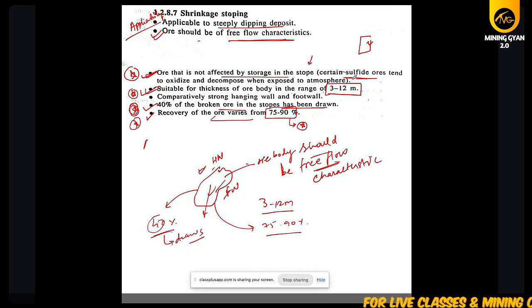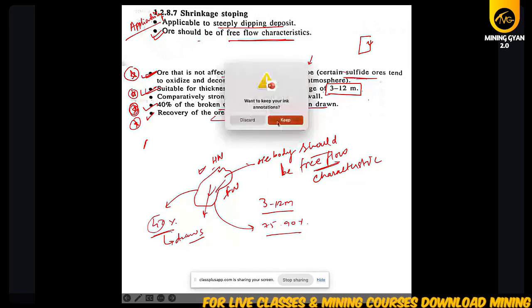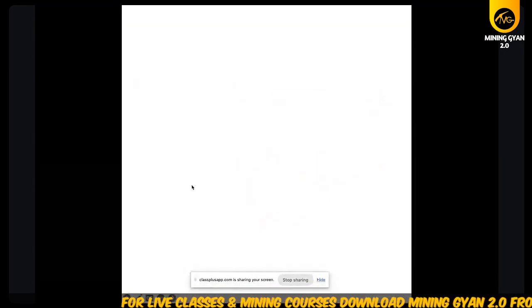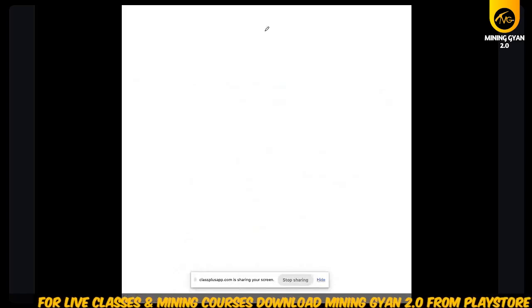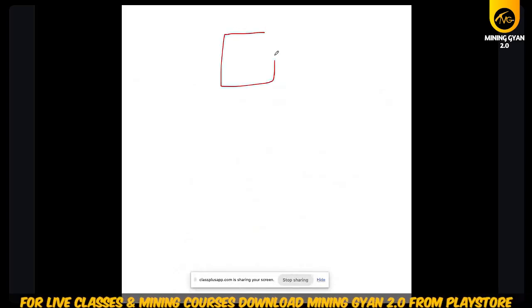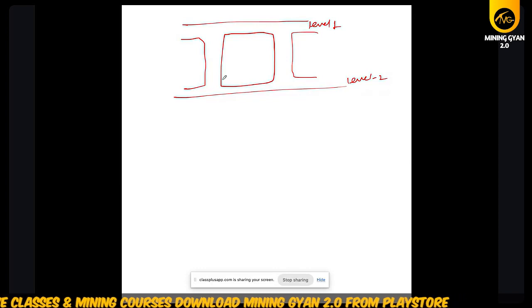So I will discuss in shrinkage stoping what we will do and how we will do it. Suppose this is your stope, this is level 1, this is level 2, this is another stope. Okay, so first we will do the preparatory work and make a shield support.